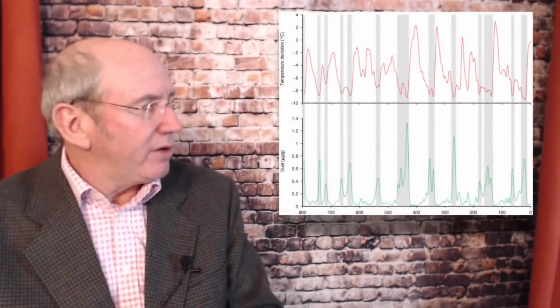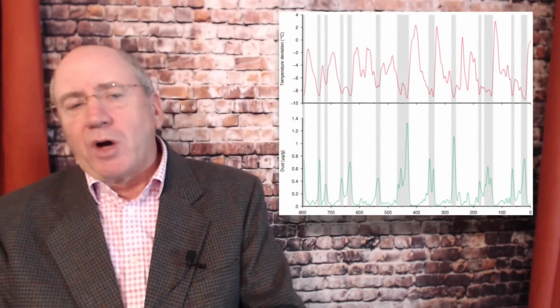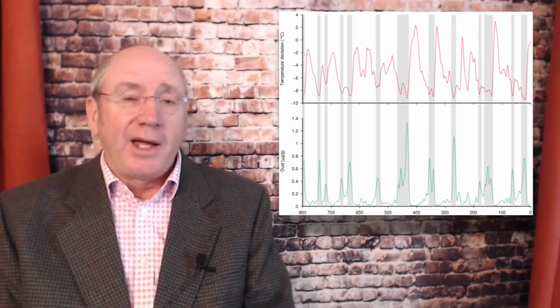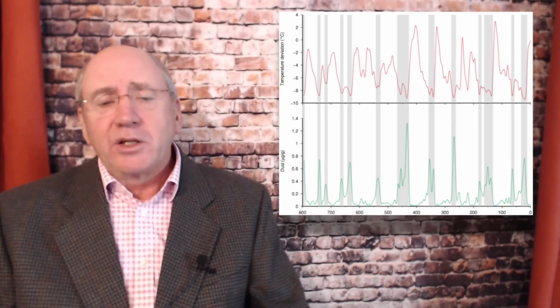Again, we have this information from the ice cores that have been taken from Antarctica, and they have a complete record of the temperature and the dust content of the atmosphere throughout the millennia for the last 800,000 years. And this is the answer. Here we have a graph of temperatures on the top in red and dust on the bottom in green.